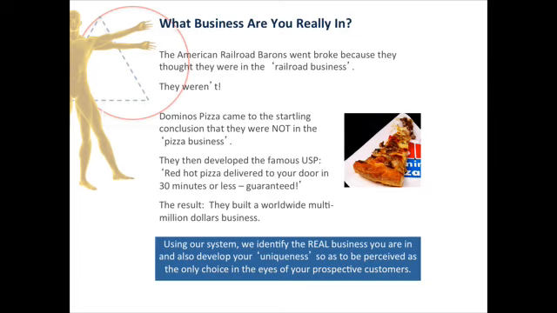But in the 1930s, 1940s, this influence was starting to wane. And in fact, they went out of business. The reason they went out of business, this is their descendants, obviously, is because they thought they were in the railroad business. And they weren't.